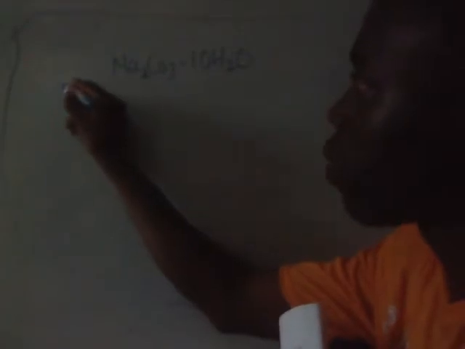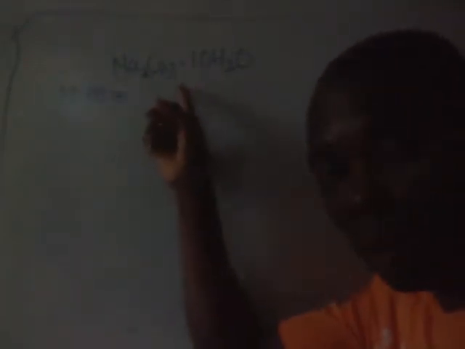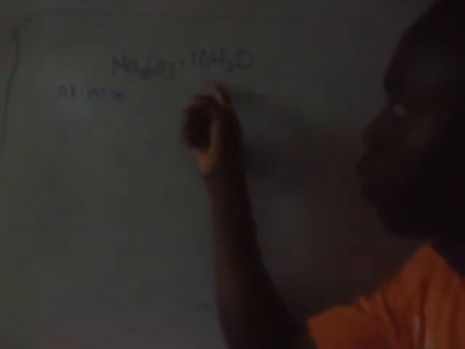You first of all calculate the molar mass of the compound. You have the atomic masses of all the elements given.